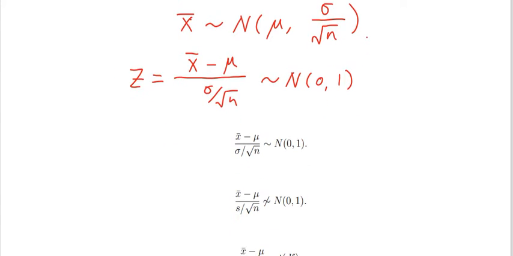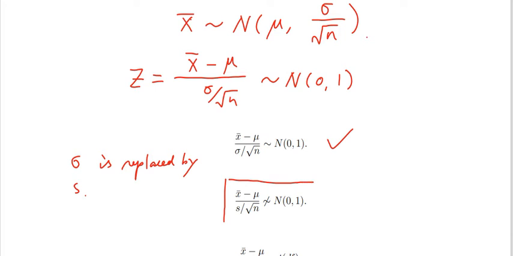Now this follows the standard normal. But if sigma is replaced by s, then the trouble is here. If we replace by s, this will no longer be standard normal.